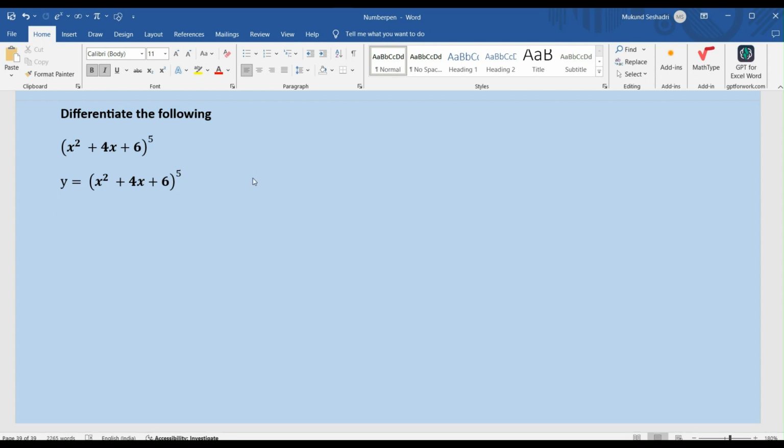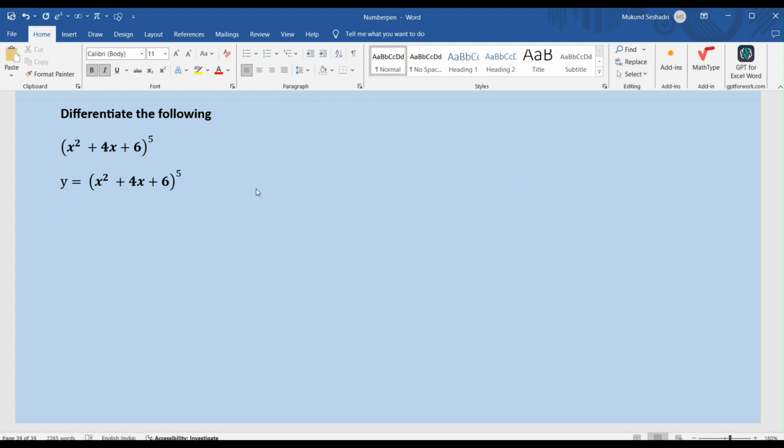And so you see that y is an expression of the type function raised to the power n, and instead of the function being x, we have a quadratic expression, which is x square plus 4x plus 6.